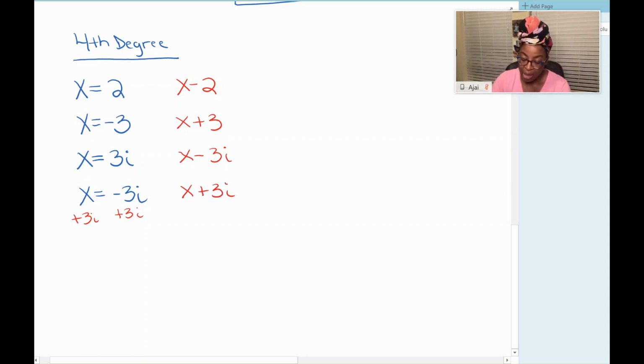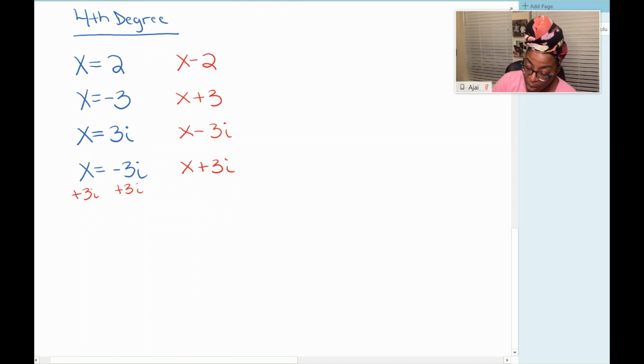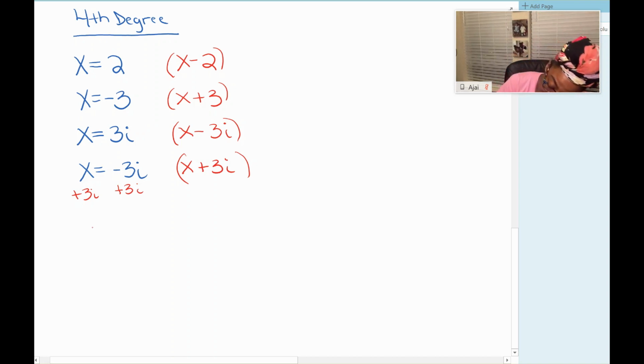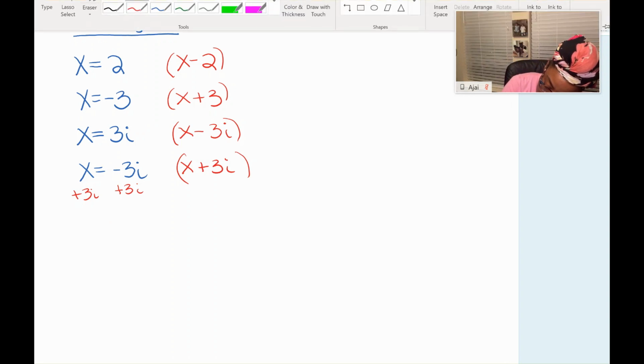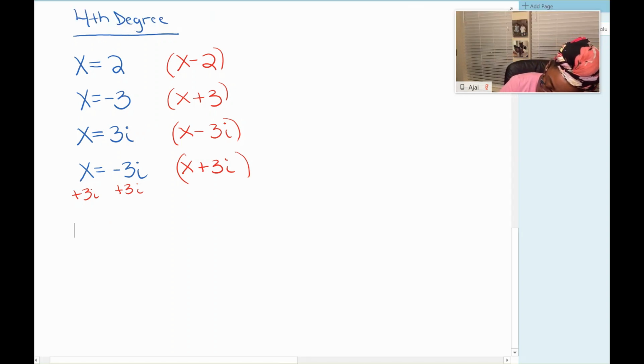Okay, and look how many factors I have. I have 4 different factors. Now I have to basically put these all together in a polynomial, and yeah, you guessed it, I'm gonna have to multiply all this stuff together. Let's change color here because I don't want all this to be written in red.